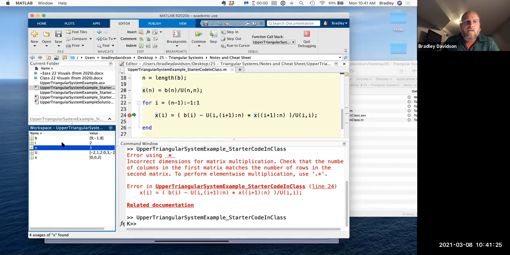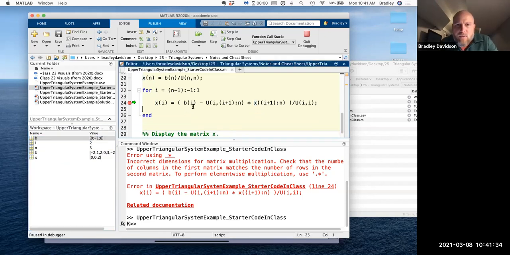So we now have i is equal to 2, n is equal to 3. We've been given u, we've been given our b. And so we have here bi minus ui. Let's try this out.